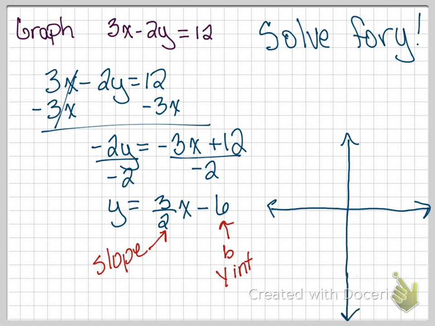Okay, there's negative 6. My slope is rise over run. I go up 3 and over 2. Okay? Rise over run. And I can do that as many times as I want. So 1, 2, 3, 1, 2. Okay? So here's my line.